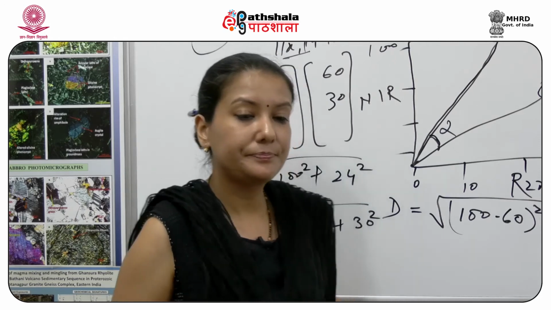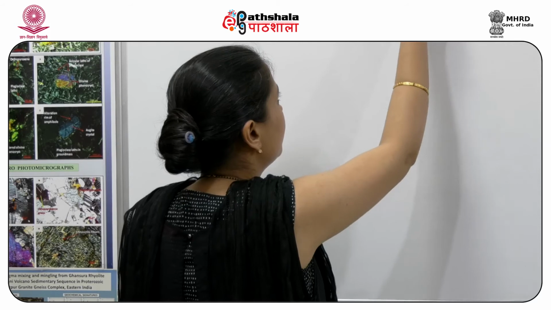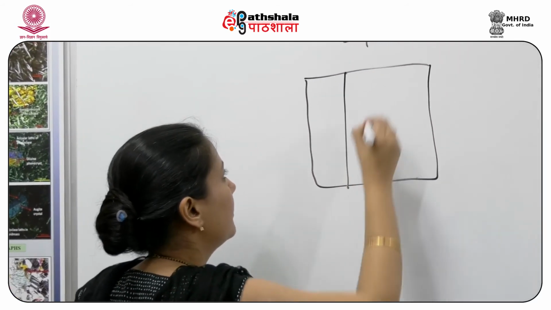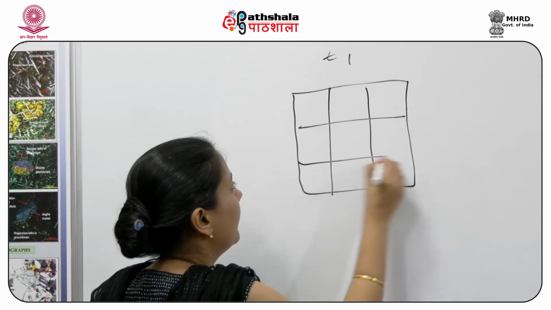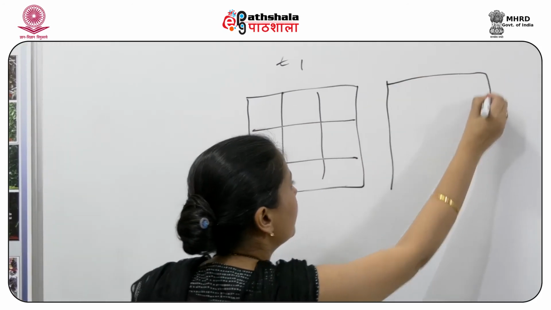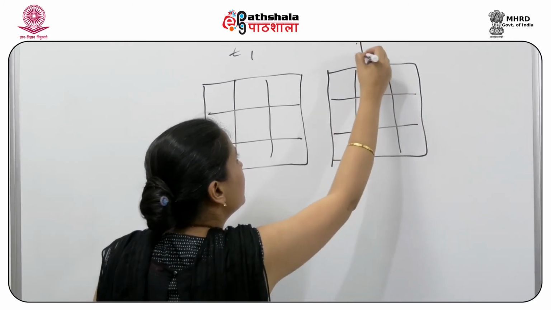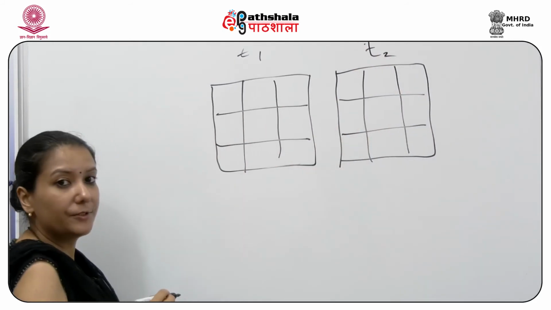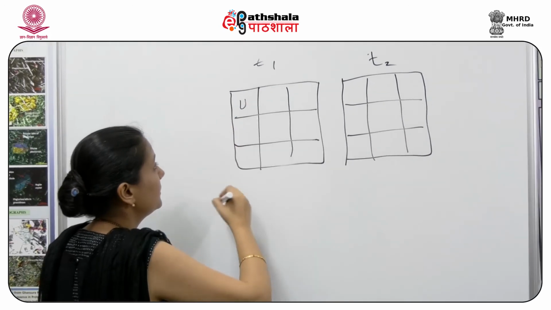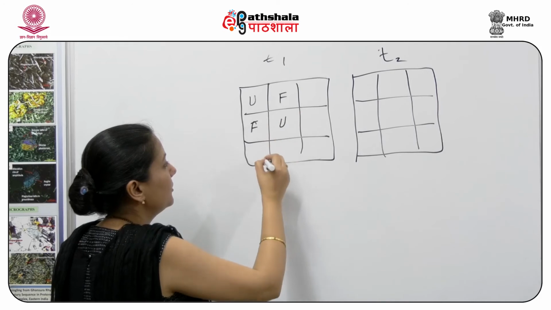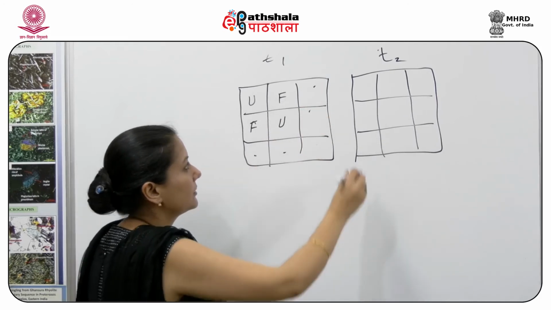do this? So at T1 suppose we have an image here, and it's again a raster, and the same is the image at T2, which is also a raster image. So in the first classified image, suppose this was urban, but this was forested area, and this was urban, and these were other classes.